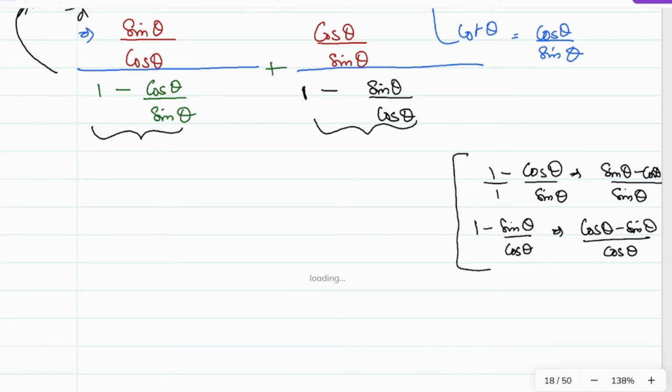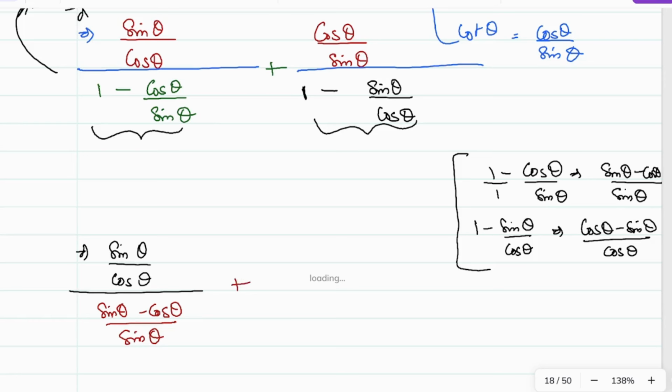That is equal to sinθ divided by cosθ, divided by my first expression, (sinθ minus cosθ) divided by sinθ, plus the next one: cosθ by sinθ divided by, what is my denominator there?